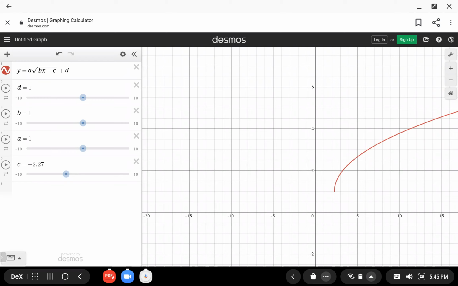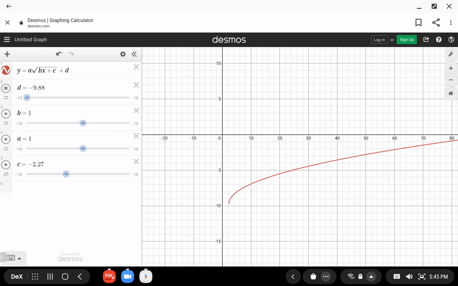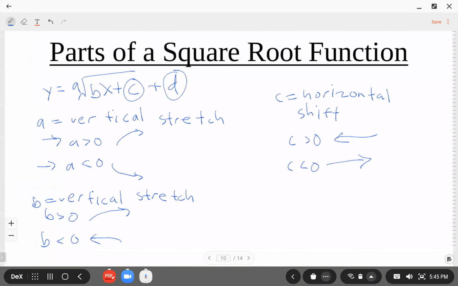If D is negative, it goes down. D shifts vertically. It's the vertical shift. So when D is positive, it goes up. D is negative, it goes down.